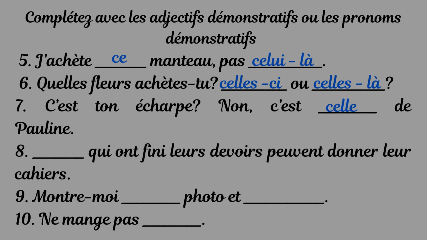Next, dash qui ont fini leur devoir peuvent donner leur cahier. Now here, after the blank, you can see that we have the relative pronoun qui. Because we are talking about those who have finished their homework, here we can use masculine plural ceux.